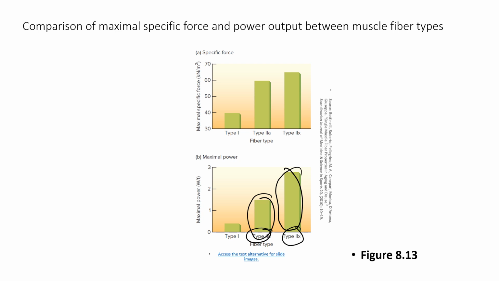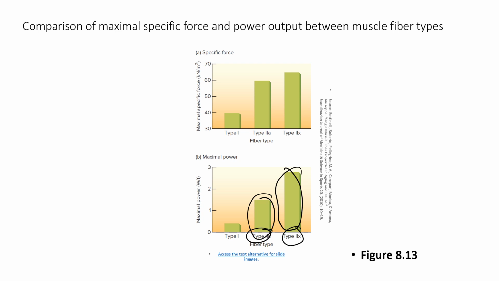Again, if their shortening velocities are identical, and type 2X fibers at that same shortening velocity as type 2A fibers are producing more force, then over the period of time, the type 2X fibers are going to produce more force than the type 2A fibers will. And that is, by definition, what power is: how much force can be produced over time.